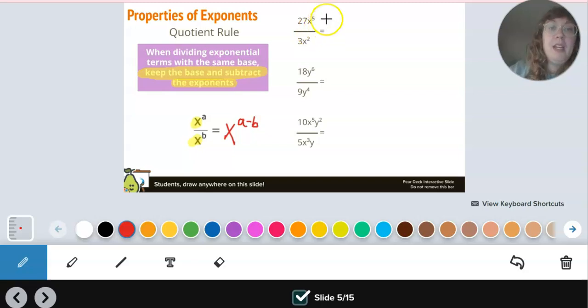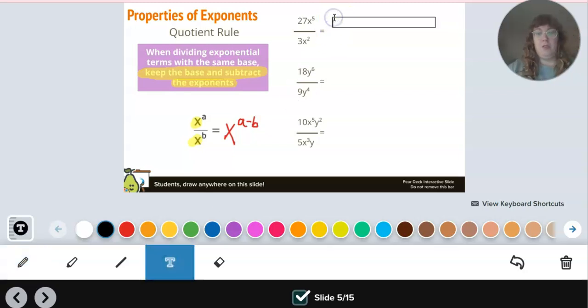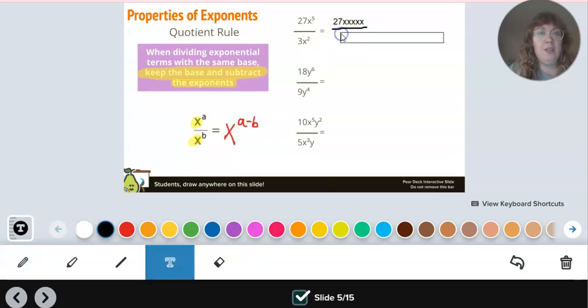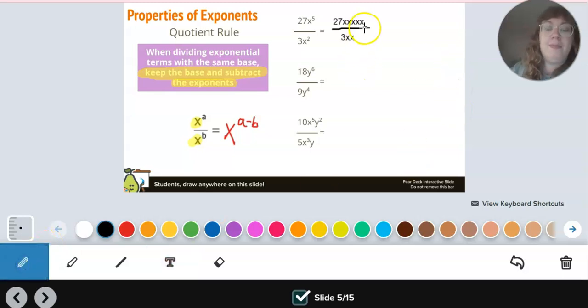So in the top right, we have 27x to the 5th divided by 3x squared. So I'm going to show you why we subtract. So we have a 27, and then we have 5 x's: 27 xxxxx. And that's divided by 3 times an x squared, which is 2 x's.